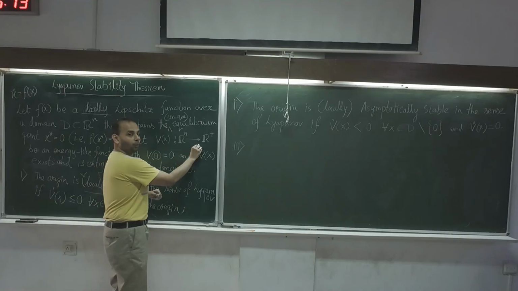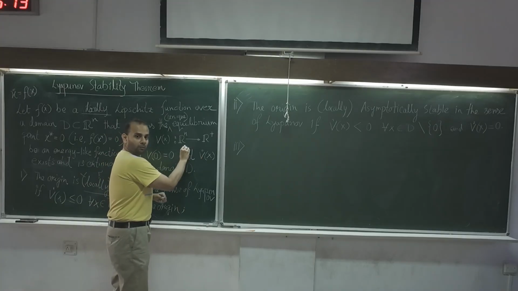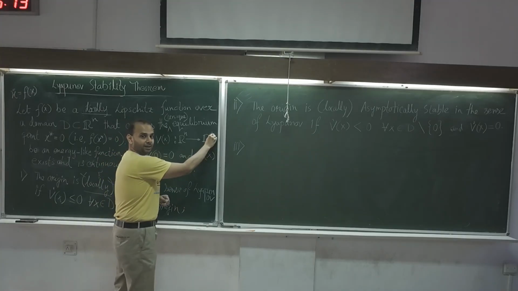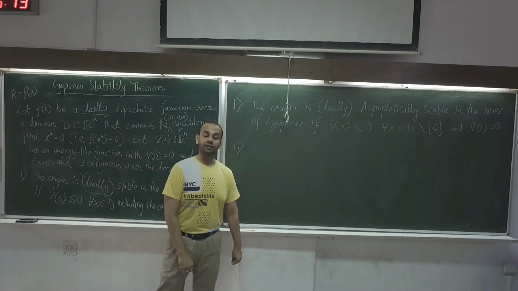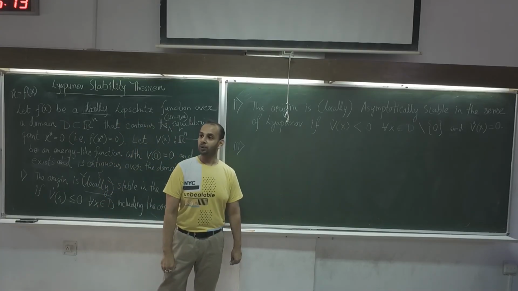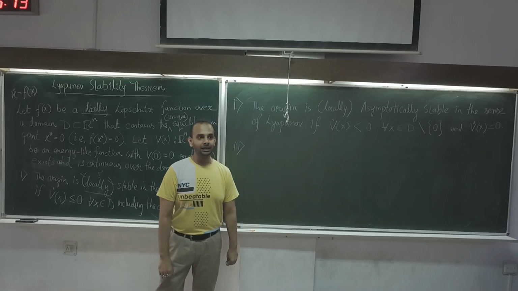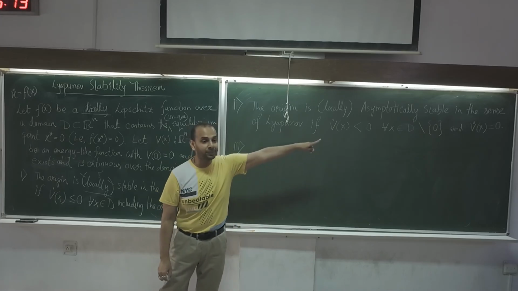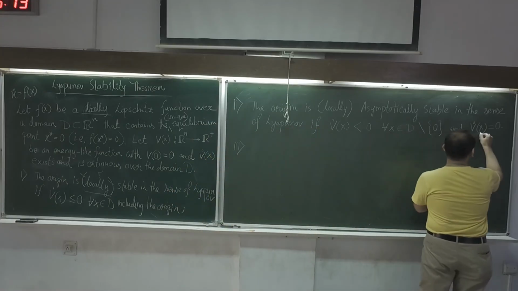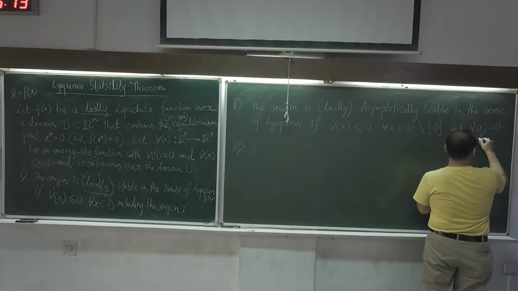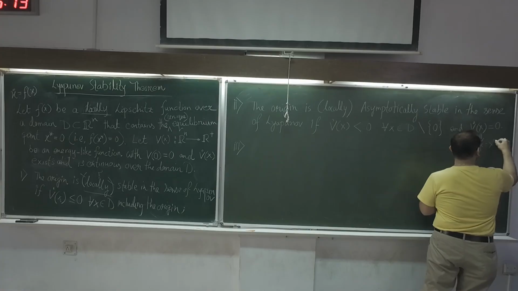Here you see what this means. That is from Rn to R plus. That means here it is already said it is positive definite. Because if you consider the V function to be positive semi-definite, then V dot of x equal to 0 does not imply that x is equal to x star.